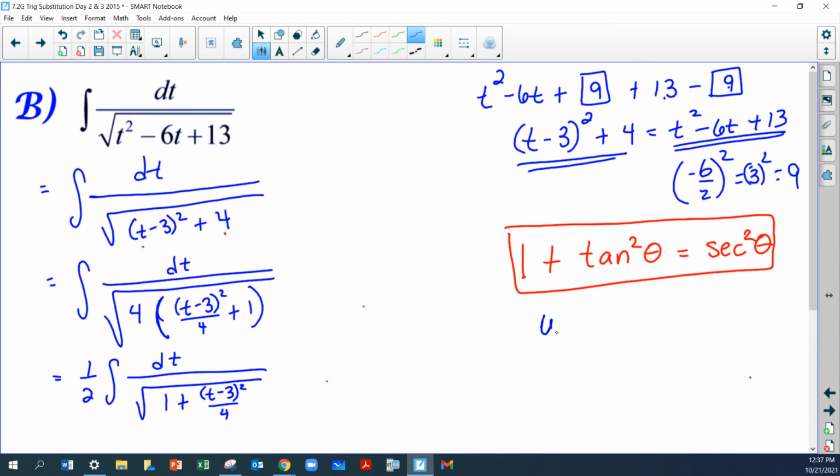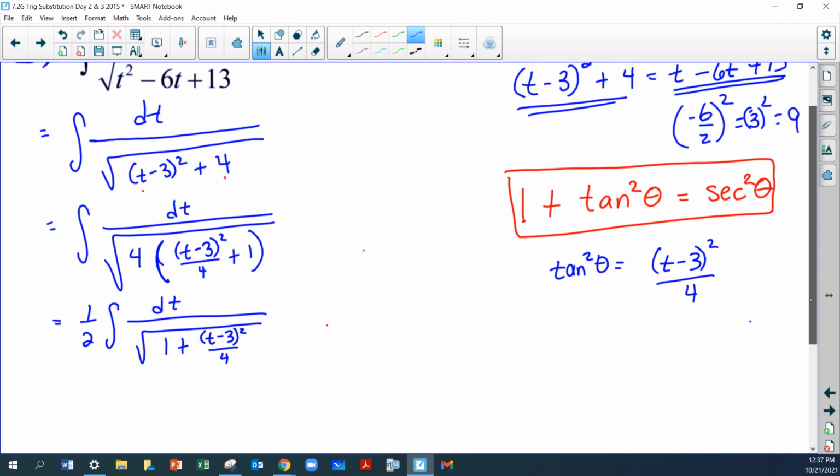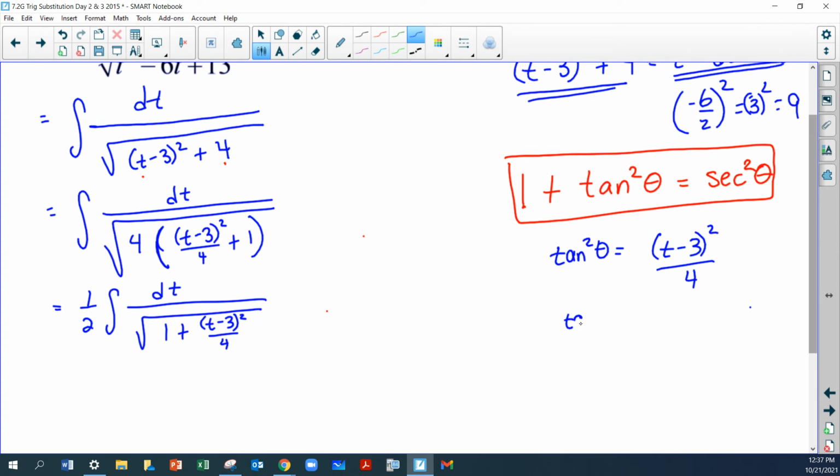Let's let tan squared theta equal t minus 3 quantity squared over 4. Beautiful. That means that tan theta is equal to 1/2 t minus 3 squared.